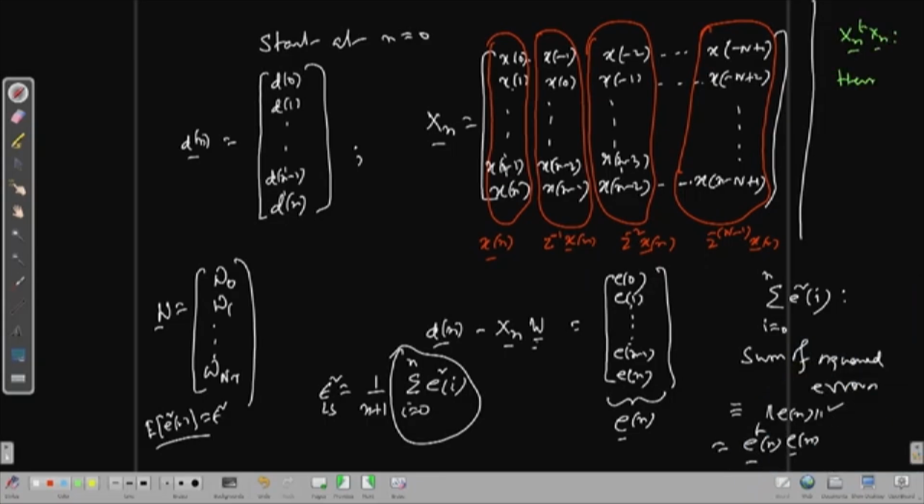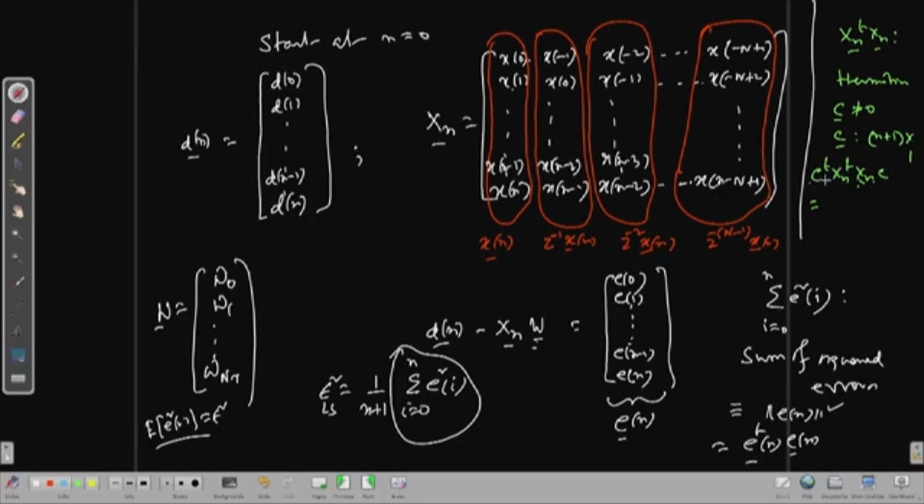is Hermitian. It is positive semi-definite. If you take any non-zero vector C, of length n plus 1 cross 1, C transpose this matrix Xn transpose Xn C is nothing but Xn C, and this is Xn C transpose, because if you take Xn C and take the transpose of it, C transpose comes first, then Xn transpose.